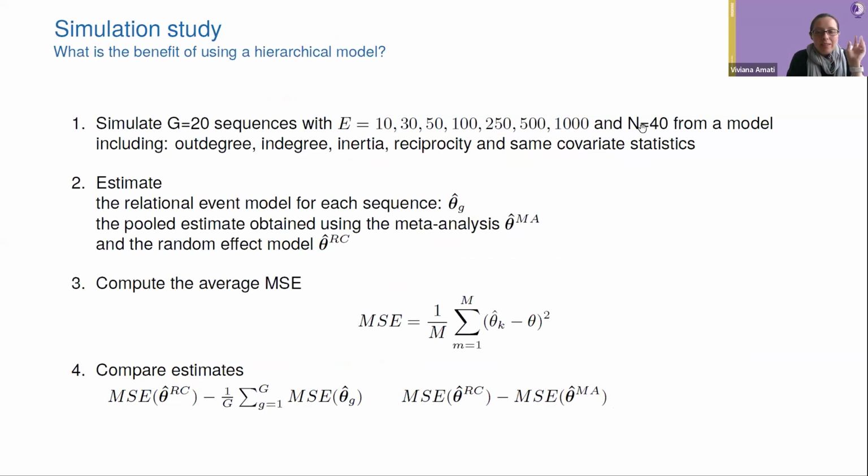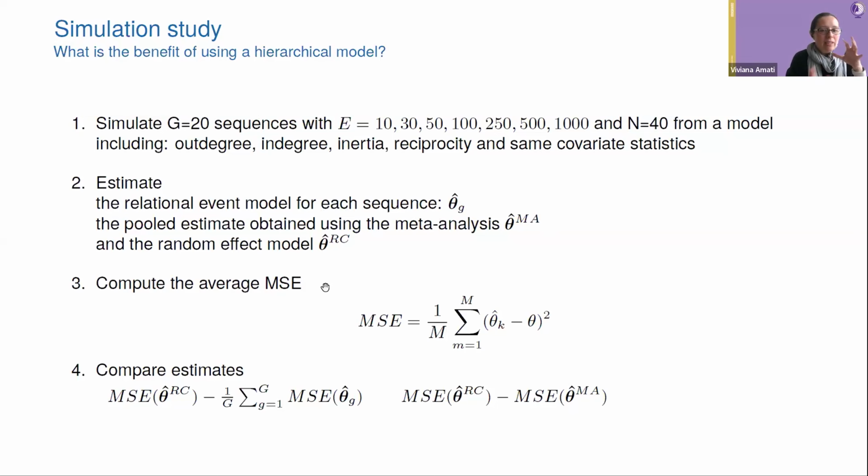We generated events on a set of 40 actors with a model with a very basic specification. Then we estimate the relational event model over all the groups. We compute the pooled estimate using the meta-analysis, and then we compute the estimates using the random coefficient model.